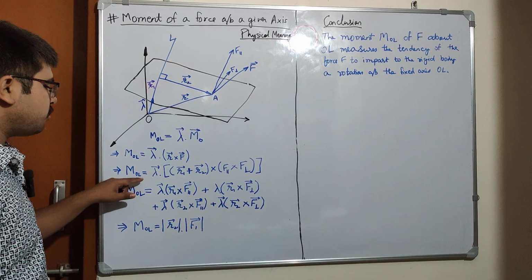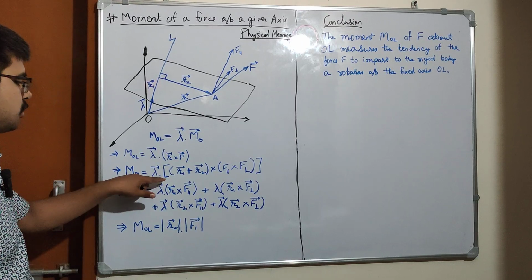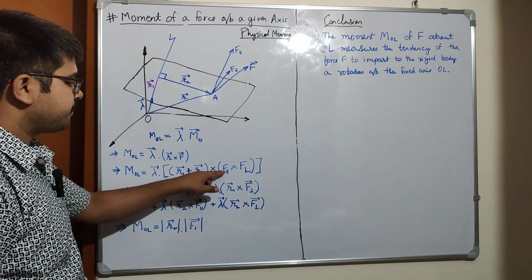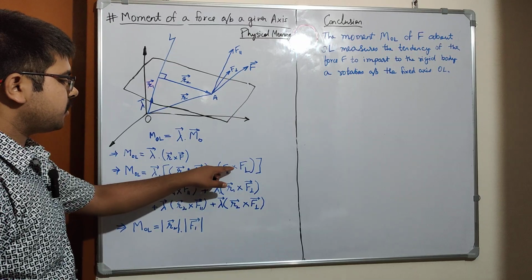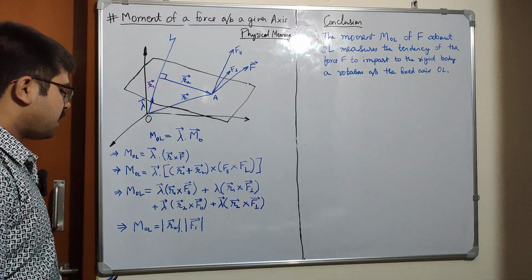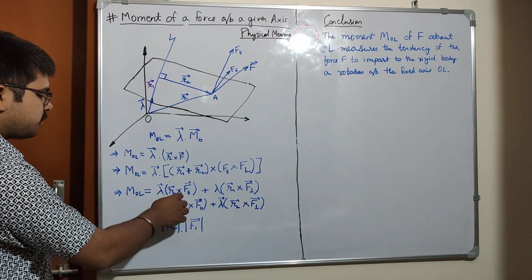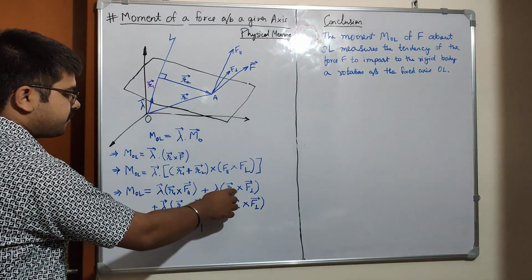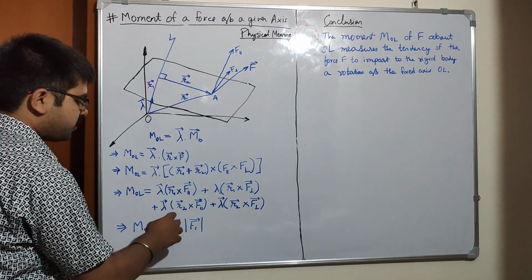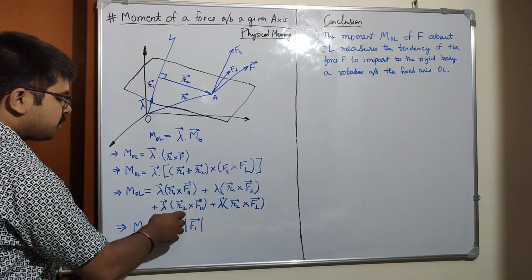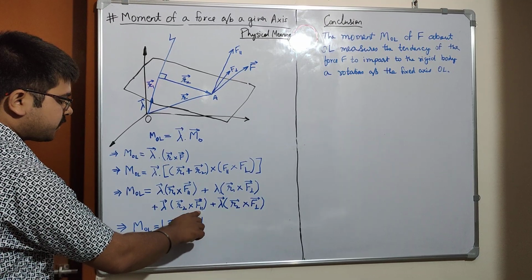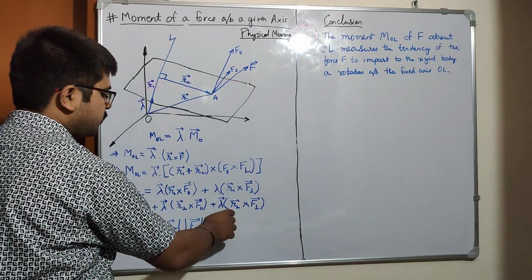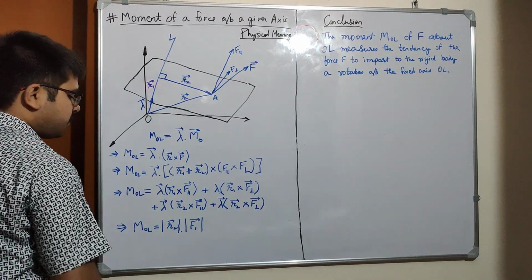Then MOL is equal to lambda vector dot R1 vector plus R2 vector, cross F parallel vector plus F perpendicular vector, and we have lambda vector dot R1 vector cross F parallel vector plus lambda vector dot R1 vector cross F perpendicular vector plus lambda vector dot R2 vector cross F parallel vector plus lambda vector dot R2 vector cross F perpendicular vector.